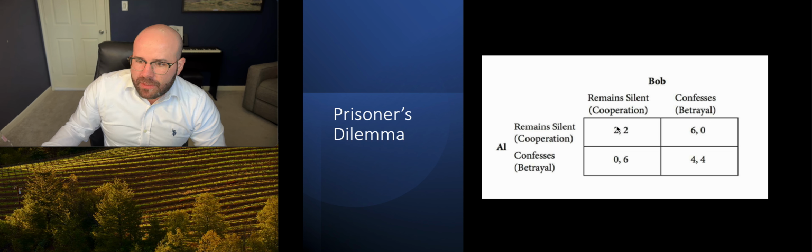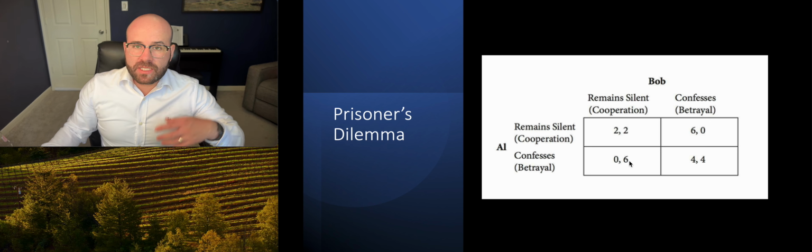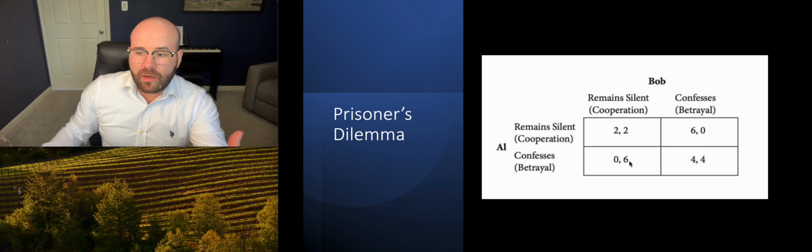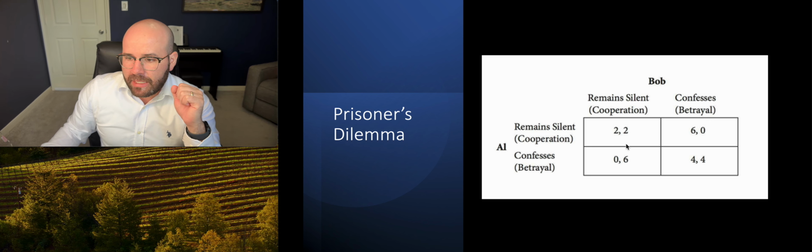The value on the left side represents the sentencing that Al gets in each of the scenarios. The value on the right side represents the sentence that Bob would receive. And here are the options, represented by each of these four squares.